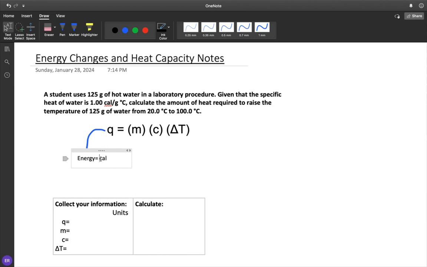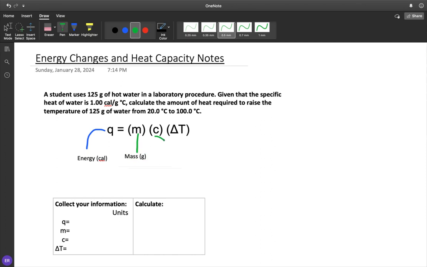It is cal, okay? Now, our M is going to be our mass, and this is often in grams.